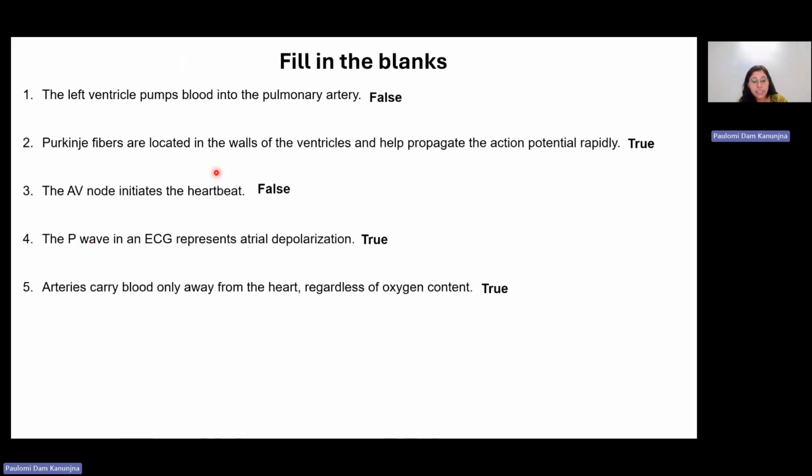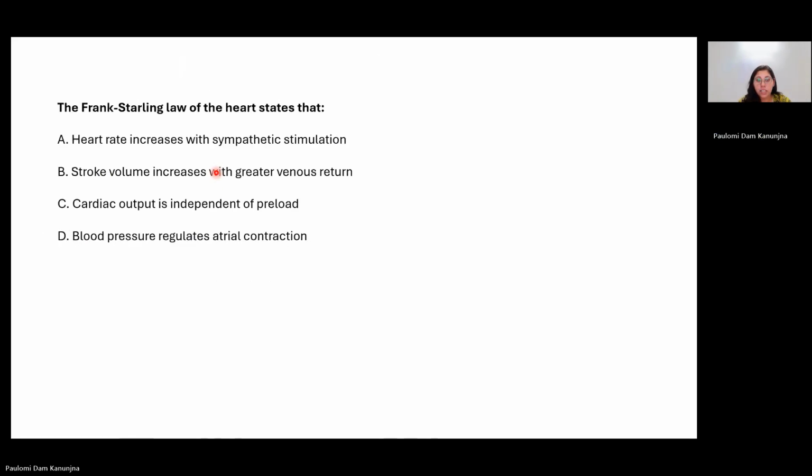Arteries carry the blood out of the heart regardless of the oxygen content, so they will have either oxygenated or deoxygenated blood. Because they carry blood away from the heart, they are called arteries. So the pulmonary artery carries blood from the heart to the lungs for purification, but it carries deoxygenated blood.